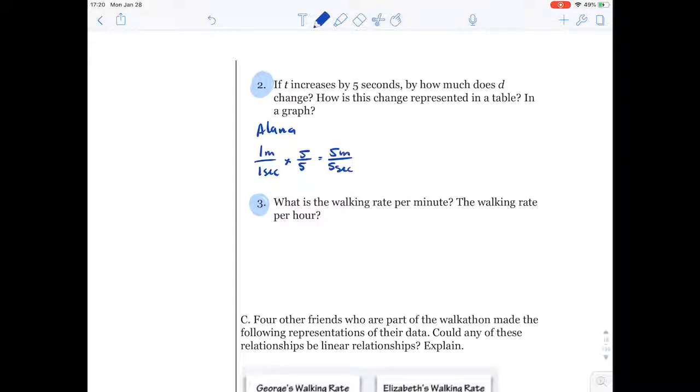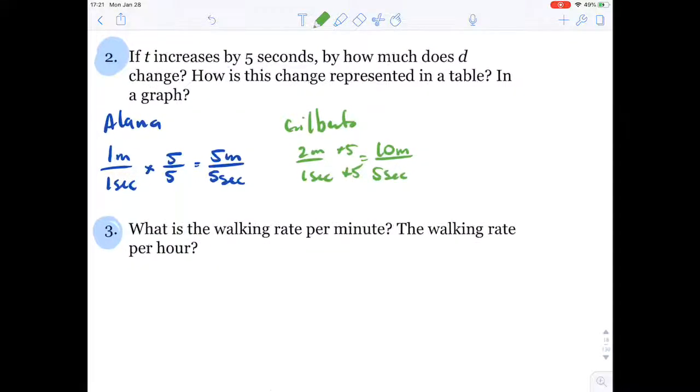They will travel 5 meters. Okay. For Gilberto, he will go 2 meters every 1 second, but we want to get all the way to 5 seconds. So I'm going to multiply by 5. And we end up with 10 meters every 5 seconds.